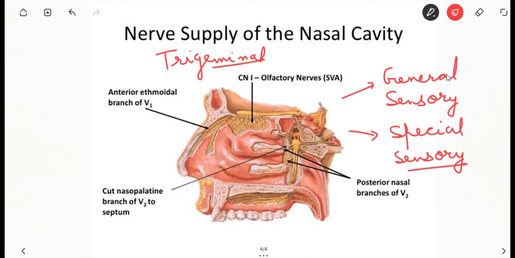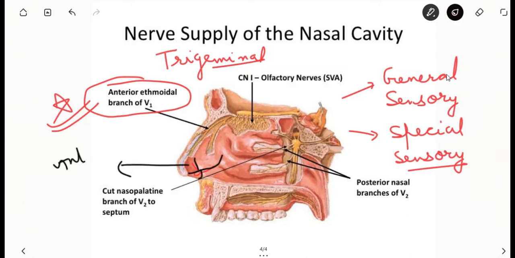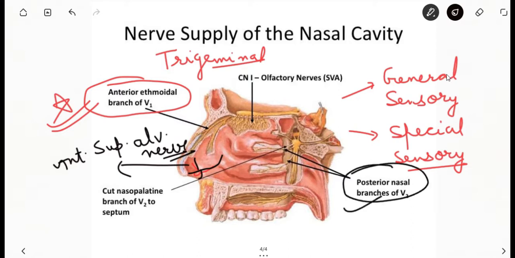The anterior superior part of the septum is supplied by the internal nasal branch of the anterior ethmoidal branch of the trigeminal nerve. The anterior inferior part is supplied by the anterior superior alveolar nerve.